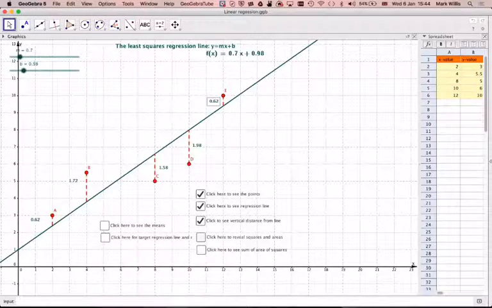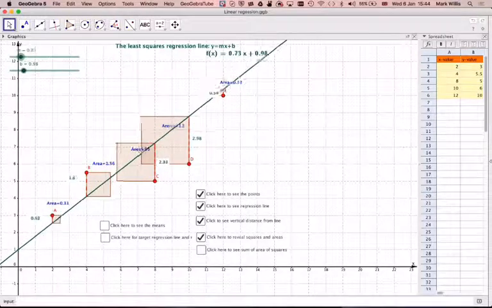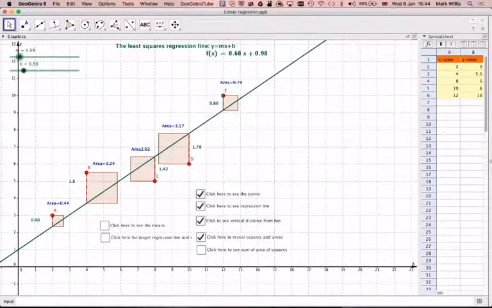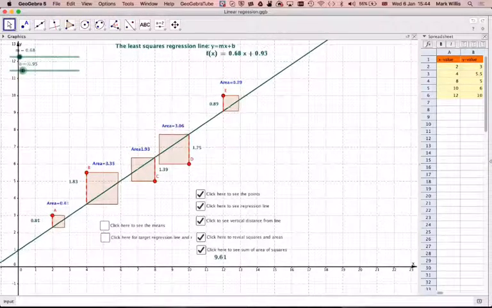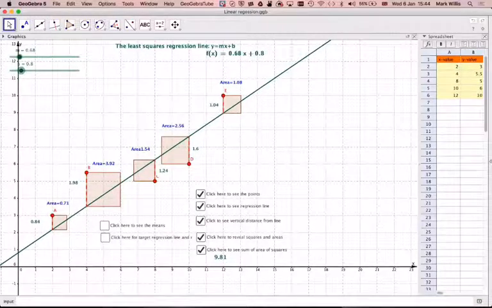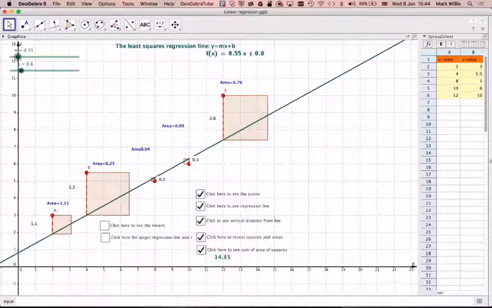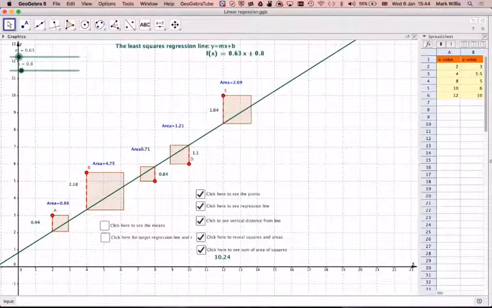and if we click these, we get some squares, and what we need to do is move these two things so that when we sum all these, which we can do here, the sum at the moment is 9.6, we sum all these, we get the smallest amount of area. So just one condition, of course: the regression line has to go through the mean of both these sets of data.